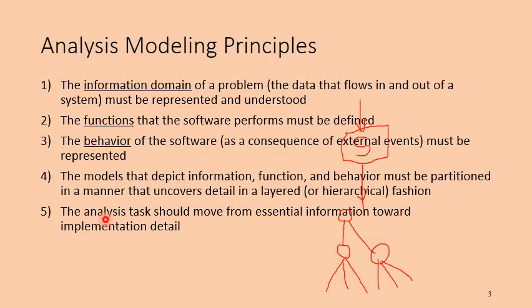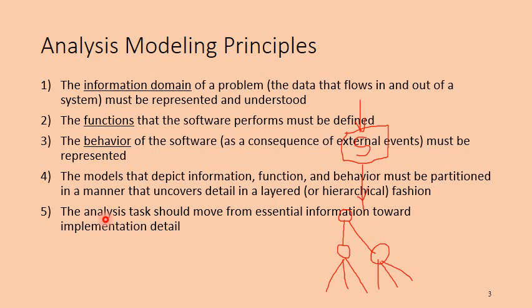Got it? You will just give the information on how the user will interact with it. You are going to perform this function. This is the behavior of your system. This information will go inside, this information will come outside, but you will not say how you are going to implement it.